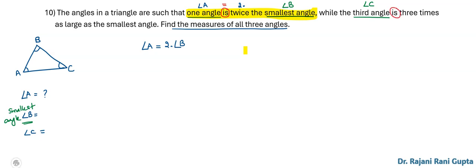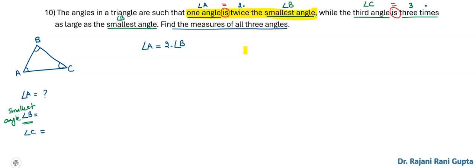Angle C is, means equal, 3 times. 3 times as large as means it is 3 times bigger than the smallest angle. Smallest angle, what have we used as notation?